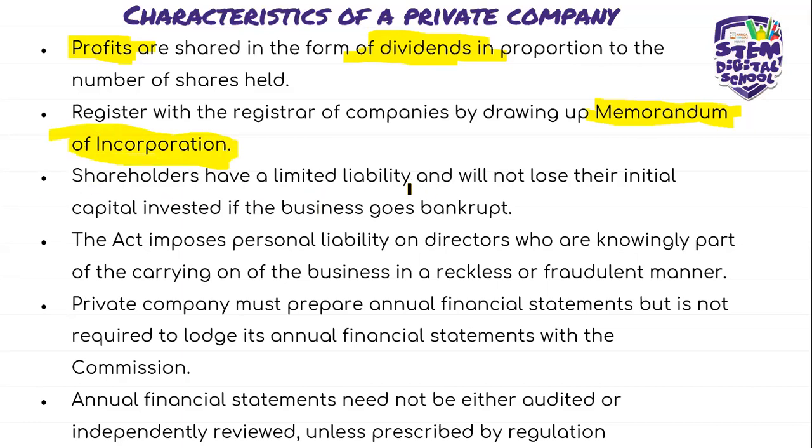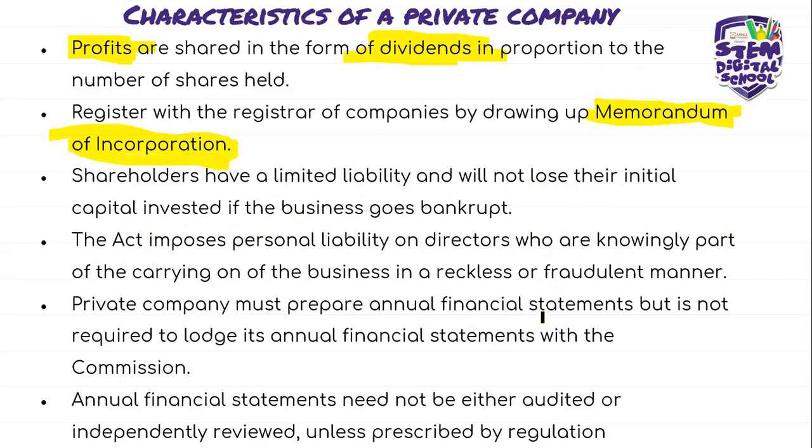Shareholders have limited liability and will not lose their initial capital invested in the business if the business goes bankrupt. The Act imposes personal liability on the directors who are knowingly part of carrying on the business in a reckless or fraudulent manner. This one just speaks for itself.